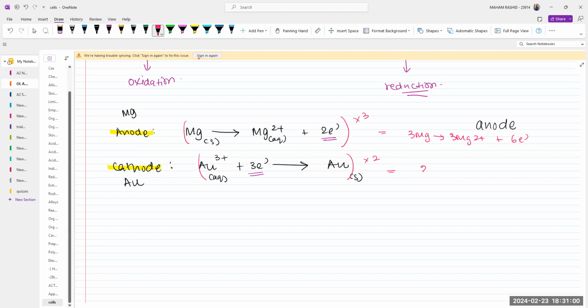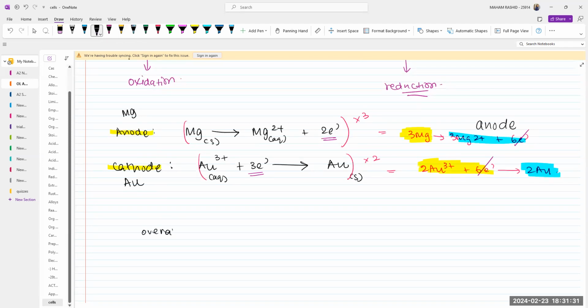And this one's going to give us 2 Au3+ plus 6 electrons, giving us 2 Au. And we cancel out the same number of electrons. This is the left side of the equation, and this is the right side.